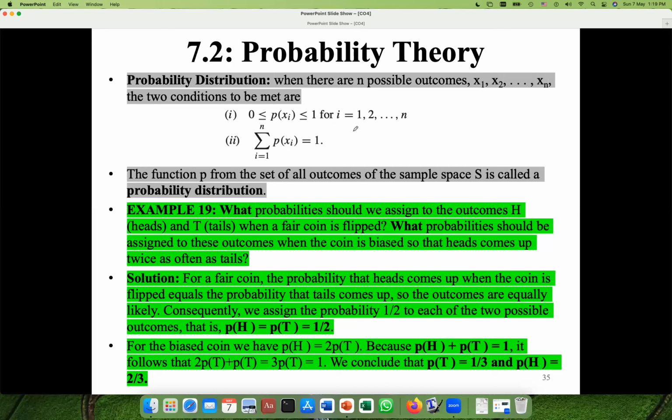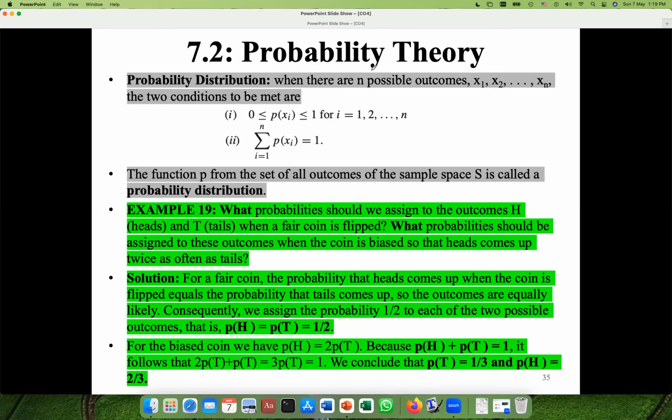For example, for one event, I can give a higher probability value. I can give less probability to another event. Similarly, I can give 0 probability to an event. It depends on your models. Anyhow, probability distribution.